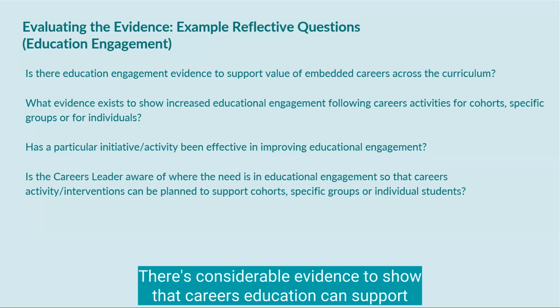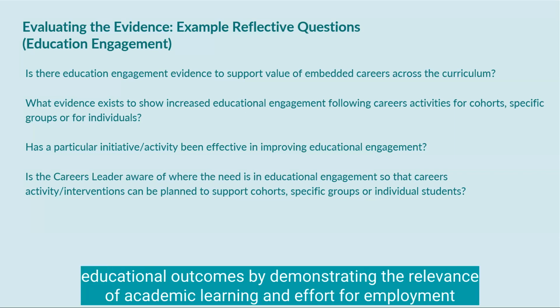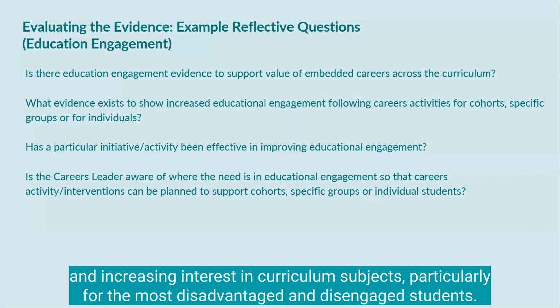There's considerable evidence to show that careers education can support educational outcomes by demonstrating the relevance of academic learning and effort for employment and increasing the interest in curriculum subjects, particularly for the most disadvantaged and disengaged students.